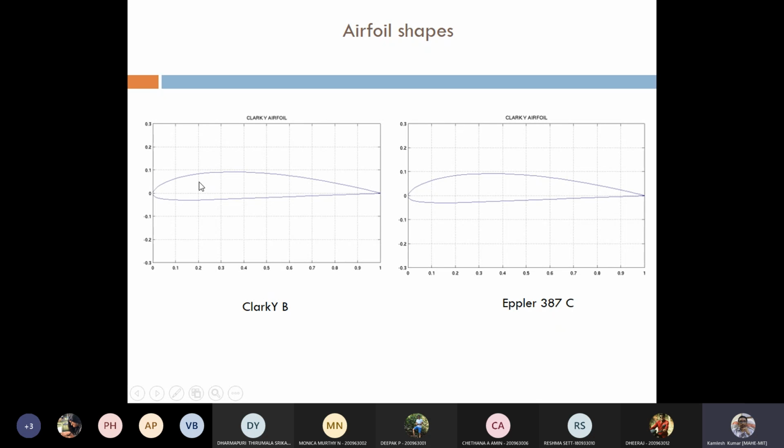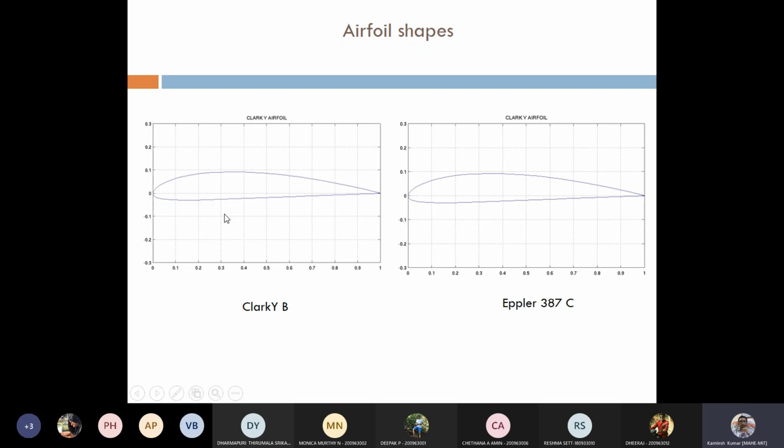This is their file, and you have already seen the nomenclature, correct? Leading edge, trailing edge, then the chord line starting from leading to trailing, and the camber line will mostly be the locus of points. You take the mid of these everywhere and just connect. So you will see the locus of the midpoint of these two surfaces, the upper and lower surfaces. That is the camber line, correct?